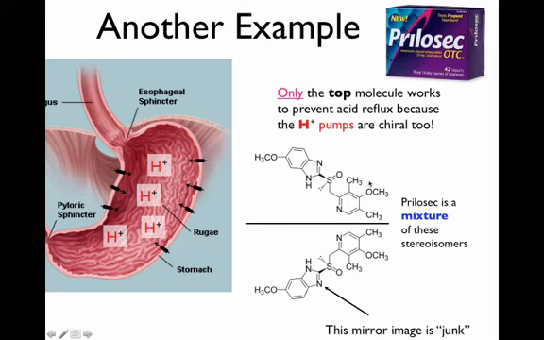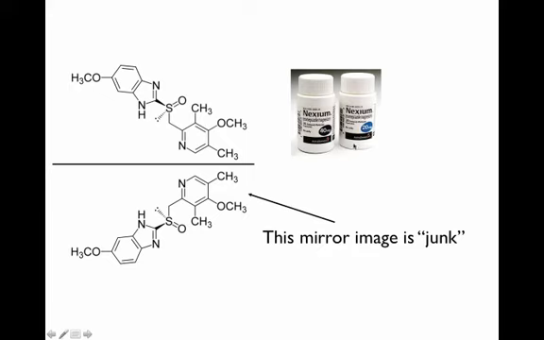The 2 of these molecules combined is what you're basically ingesting when you take a Prilosec pill. The top molecule all by itself has its own commercial name. You can guess what that is. The top stereoisomer is actually called Nexium.